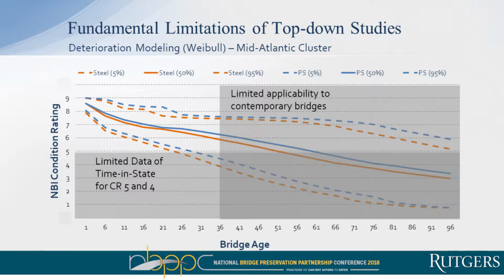And yet all of this information about its service life is based on bridges that were built many years ago. The second problem we have is that you guys do a really good job of not letting bridges go to a 4, right? So if you look at the data, we see very few bridges that are 5s and go to 4s.